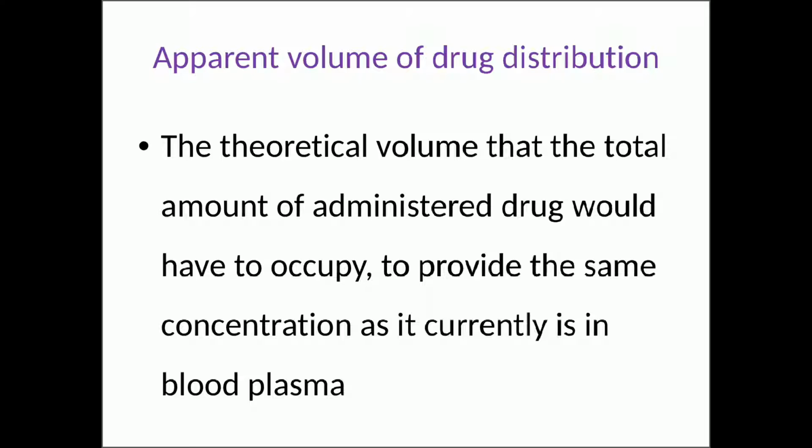Basically, the amount of drug needed to replace the existing concentration of drug in the body is called the apparent volume of drug distribution.